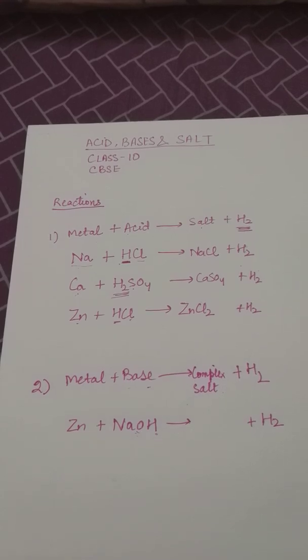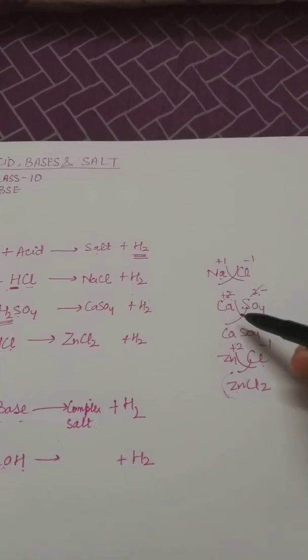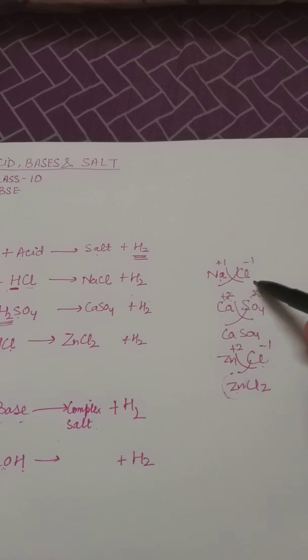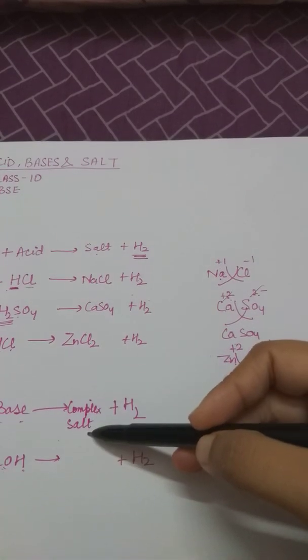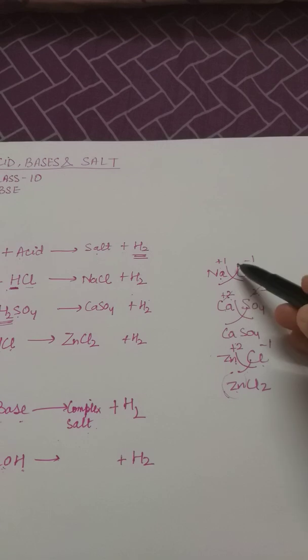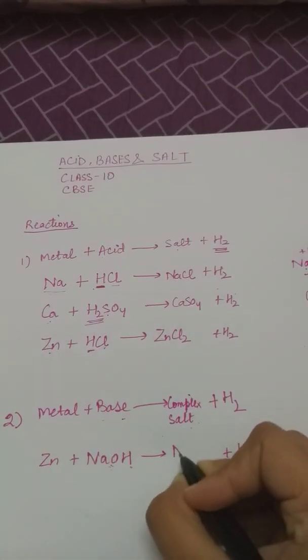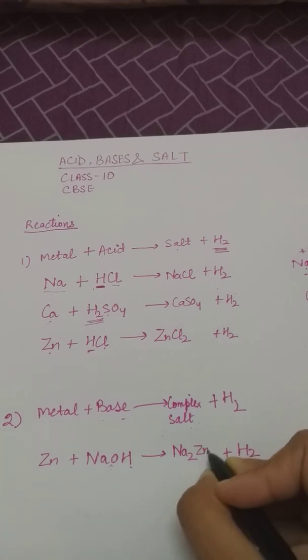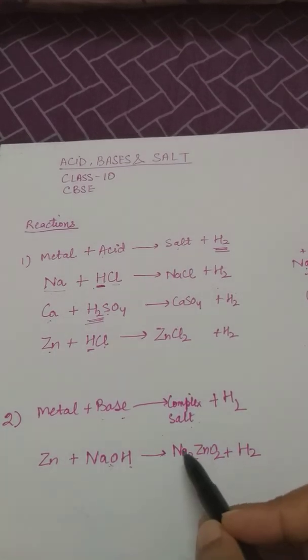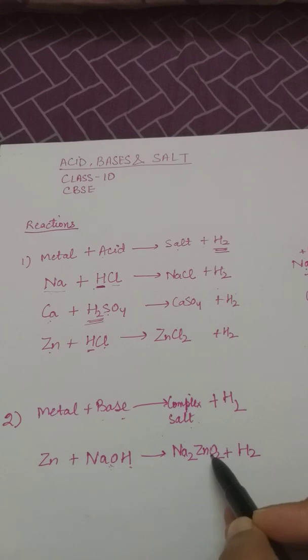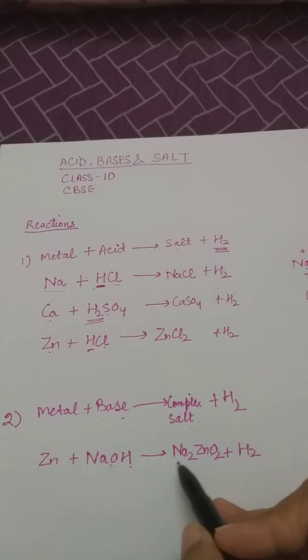Now it's not an easy job; we cannot just directly cross valency the complex salt, because, as the name suggests, the normal valency rule is not satisfied here. So you just have to learn the formula, Na2ZnO2. The name is sodium zincate.